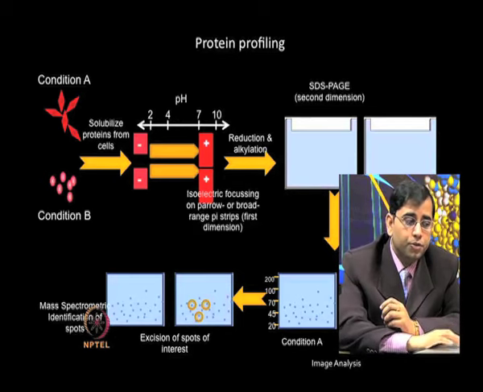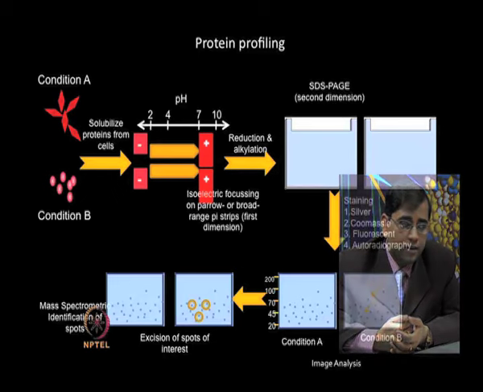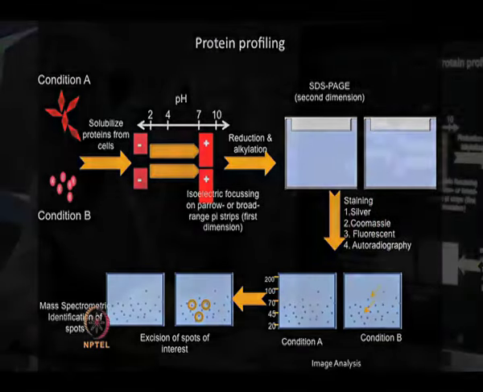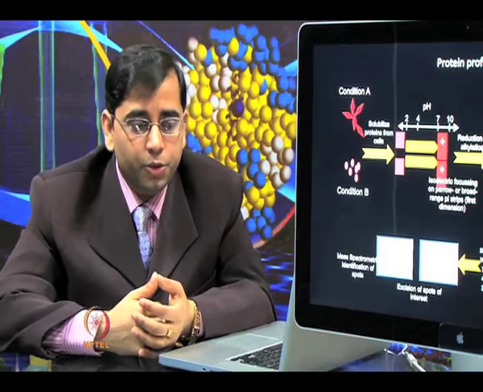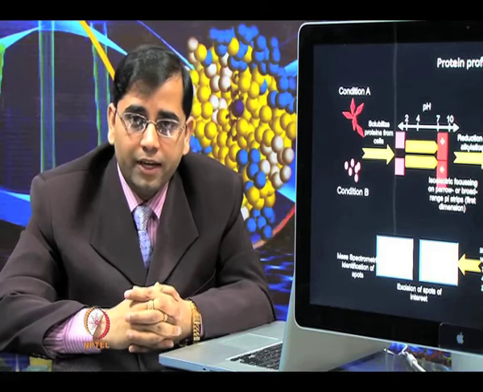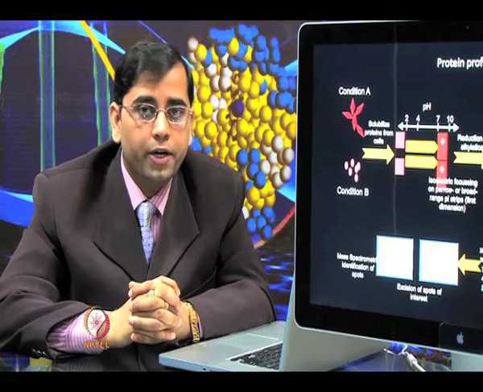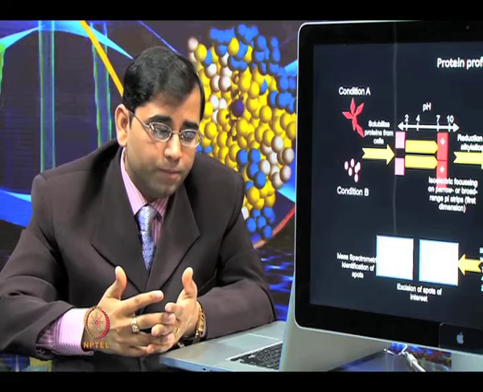After that, you need to reduce and alkylate your samples and then separate that in the SDS-PAGE based on the second dimension, molecular weight. Then depending on your staining method being used, whether Coomassie brilliant blue or silver stain, different types of fluorescent stains, or autoradiography, you can visualize the protein spots.